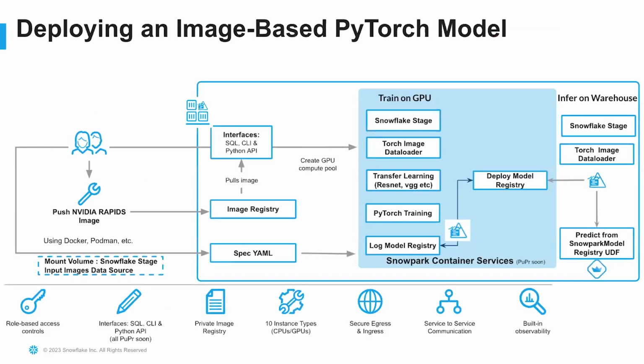Here is the end-to-end flow of how this was all developed. The starting point is an NVIDIA Rapids image. We take that Rapids image and push it to an image registry, or image repository, in Snowpark Container Services. Then you develop a specification file for the Docker container: how you create it, and where the image resides.